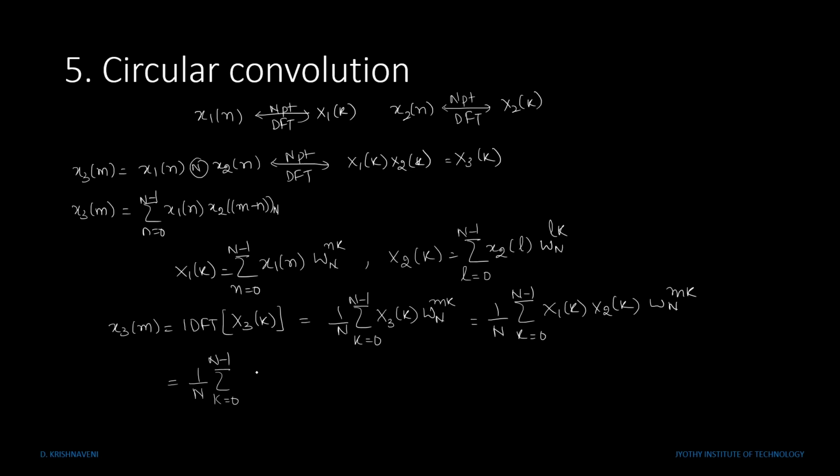Instead of x1 of k, we will write summation n equal to 0 to N minus 1 x1 of n W_N to the power of nk, that is the x1 of k formula we are writing, into the x2 of k formula, that is summation L equal to 0 to N minus 1 x2 of L W_N to the power of Lk into W_N to the power of minus Mk. Now all summations we will bring to one side.